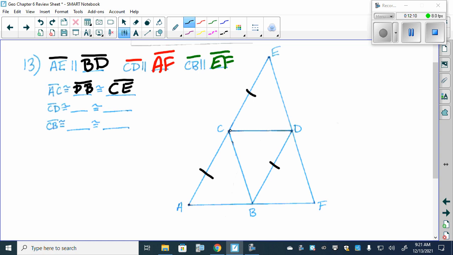So C, D, and B are all midpoints, which means these two segments are already congruent, and we know that these two are, just because of the fact that those 3 points are midpoints. So CD, this one here, is half the length of the third side. Well, the third side is already cut in half because of the midpoint, so these 3 segments are all going to be congruent.